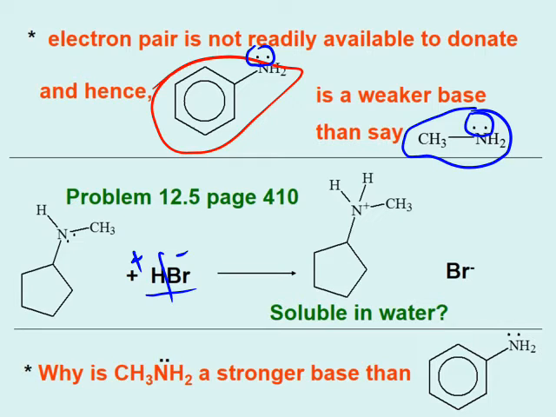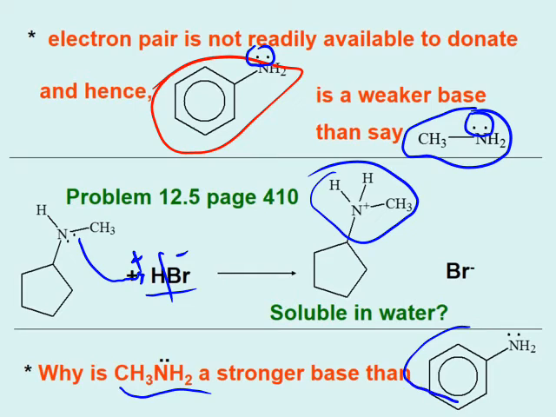So the electron pair goes to hydrogen because hydrogen is positively charged, so it's attracted to hydrogen, and Br minus gets separated, and this ends up with this bonding, and that would have a positive charge, and since it's a positive charge, most likely it would be soluble in water. Now we have explained why methylamine or ethylamine is a stronger base than aniline, or a structure similar to that where there's a possibility of resonance.